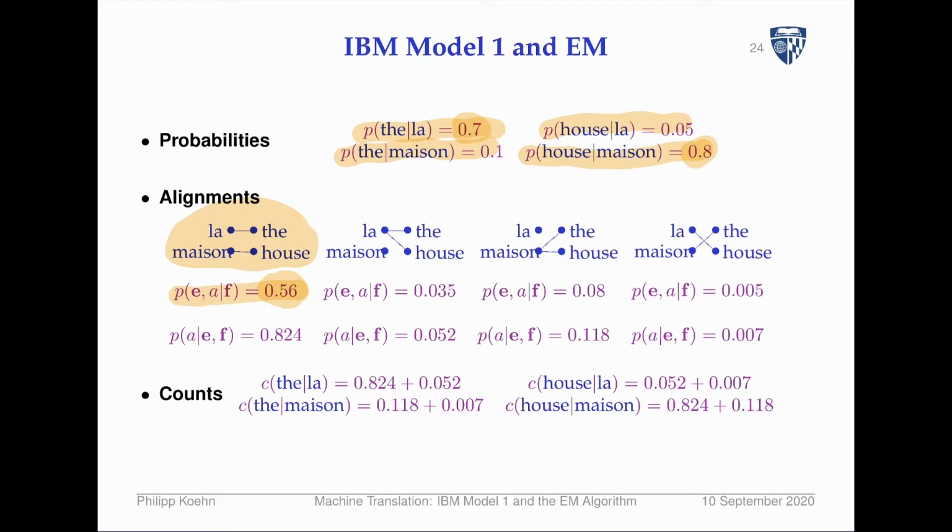Because we have to explain each English word, and there are 2 choices for the, and 2 choices for house, so 2 times 2, 4 choices in total. Here the is still aligned to la, but now house is also aligned to la. Here the is aligned to maison and house is aligned to maison, and then here the is aligned to maison and house is aligned to maison.